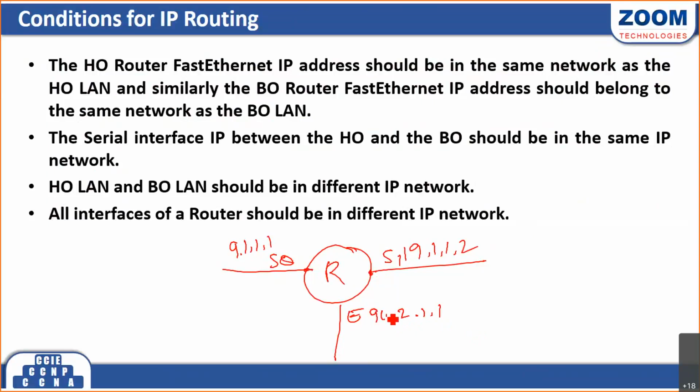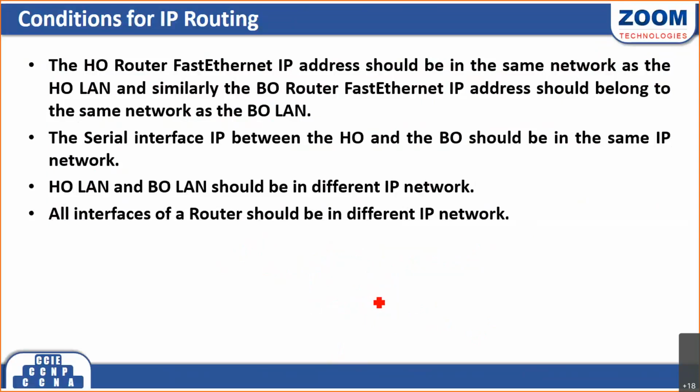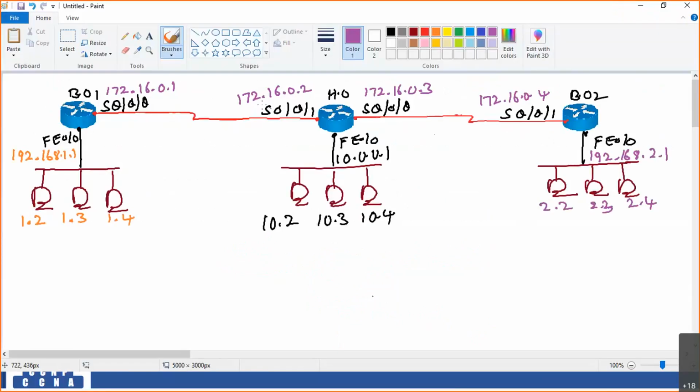So let's say 90.2.1.1. All interfaces of a router should be in different networks. You have already used 172.16 for head office S0/0/0, so how can we use 172.16 again on the same router? No. So we have to change the IP address here to 172.17.0.1, but the condition is that the other end should be in the same network.